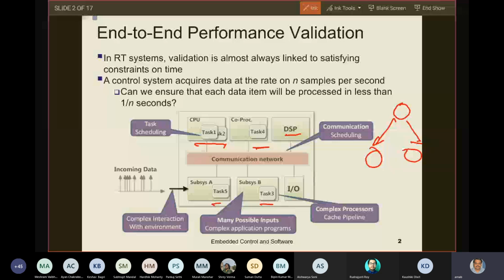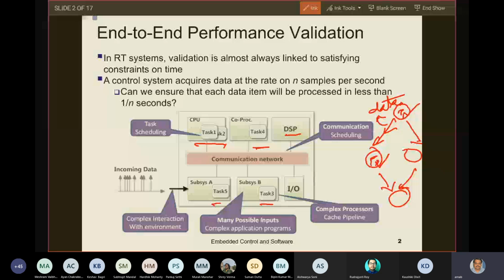If task T1 and task T2 are on two different processors, then the data needs to pass through a communication medium, and that will require a bus communication for it, and hence will incur additional overhead.